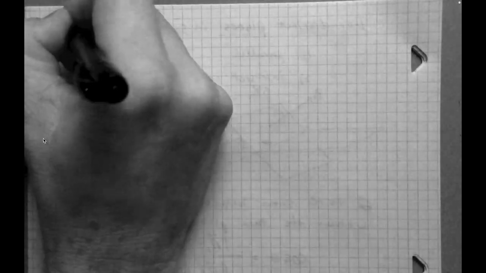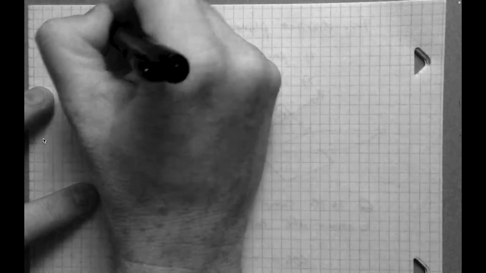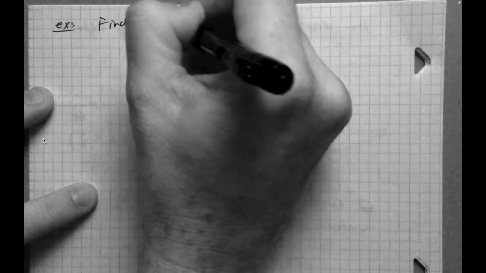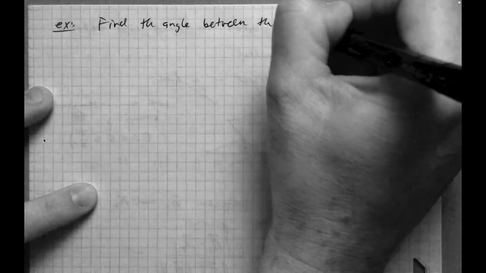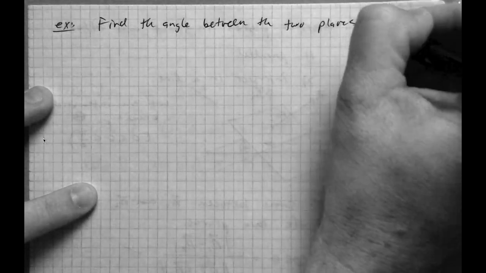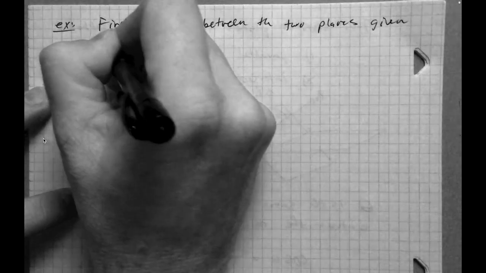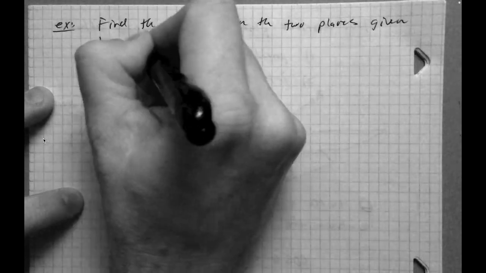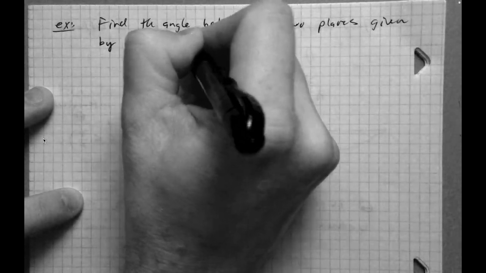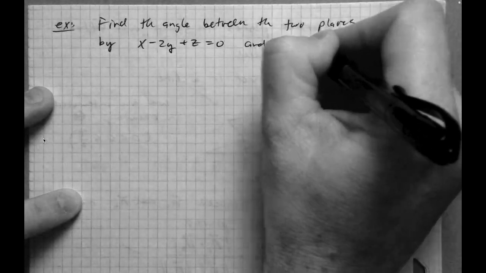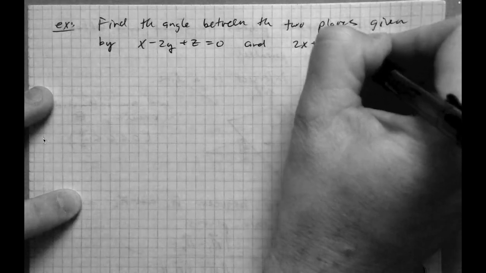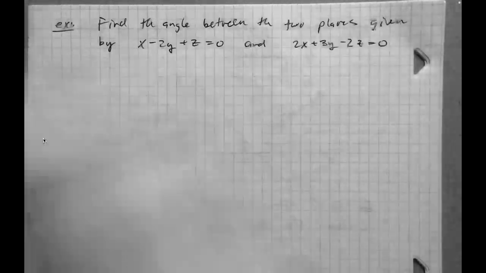So in this example, we want to find the angle between the two planes given by x minus 2y plus z equals 0 and 2x plus 3y minus 2z equals 0.